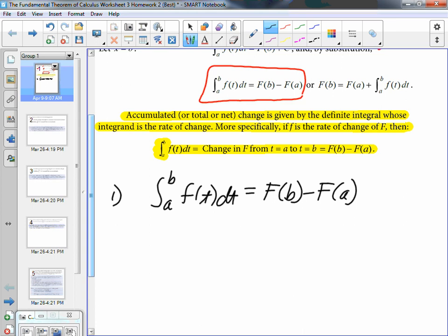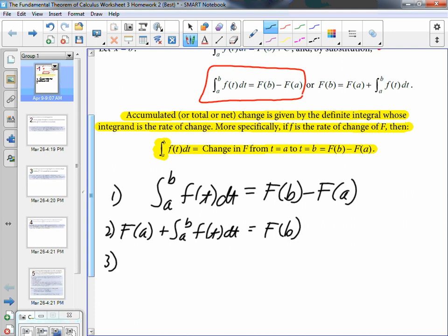You don't have to memorize these other 2 I'm going to write up here, but you need to be aware that they exist, right? If I add f of a to both sides, I get capital F of a plus the integral from a to b of little f of t dt equals capital F of b. And then if I subtract, so I've got it solved for capital F of b.